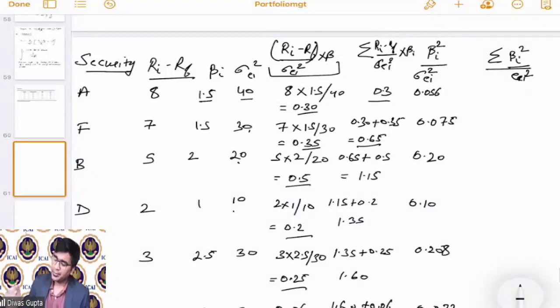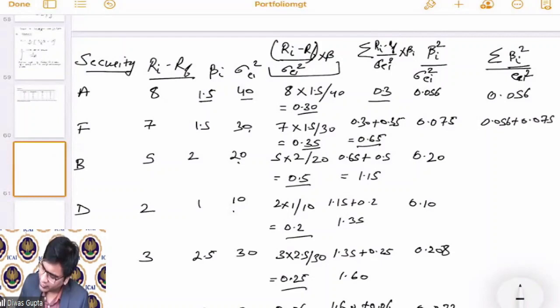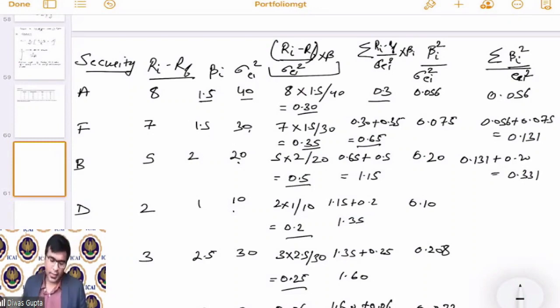Now here we have to do the summation: 0.056, then next one is 0.056 plus 0.075. So this comes out to be 0.131. Here it is 0.131 plus 0.20, which is 0.331. Then next is 0.431.